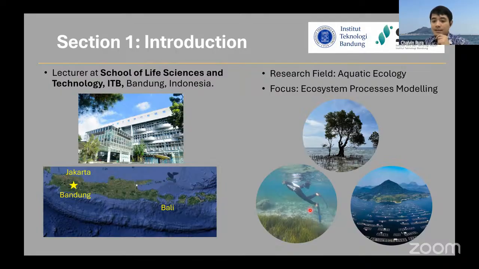All of these are very different ecosystems with very different processes and biodiversity. My research focuses on how some ecosystem processes, for example production and productivity, differ, or whether there is any similarity, and can we model it?